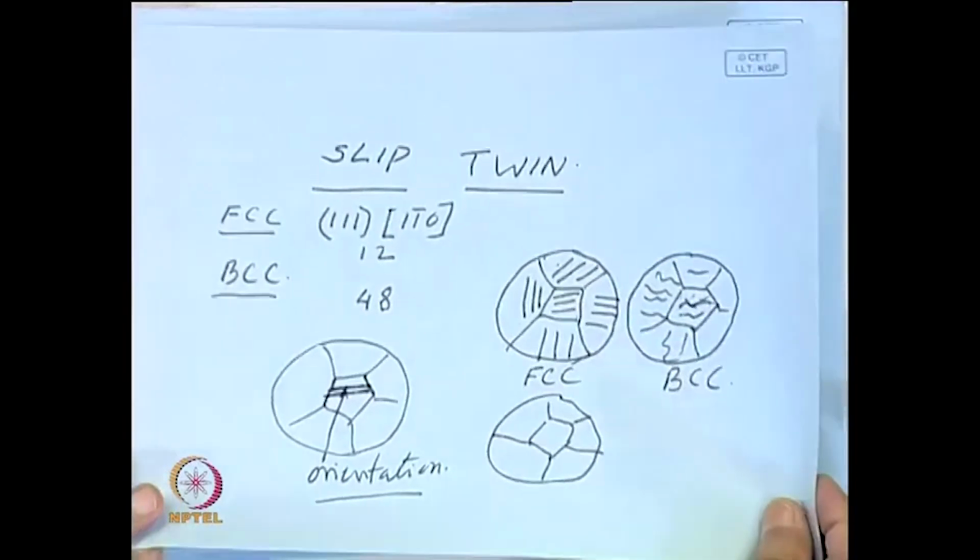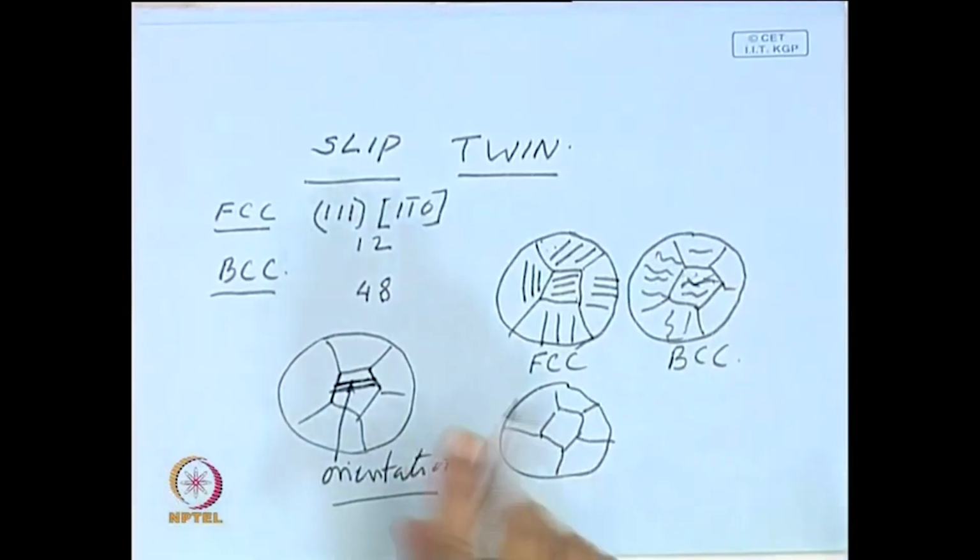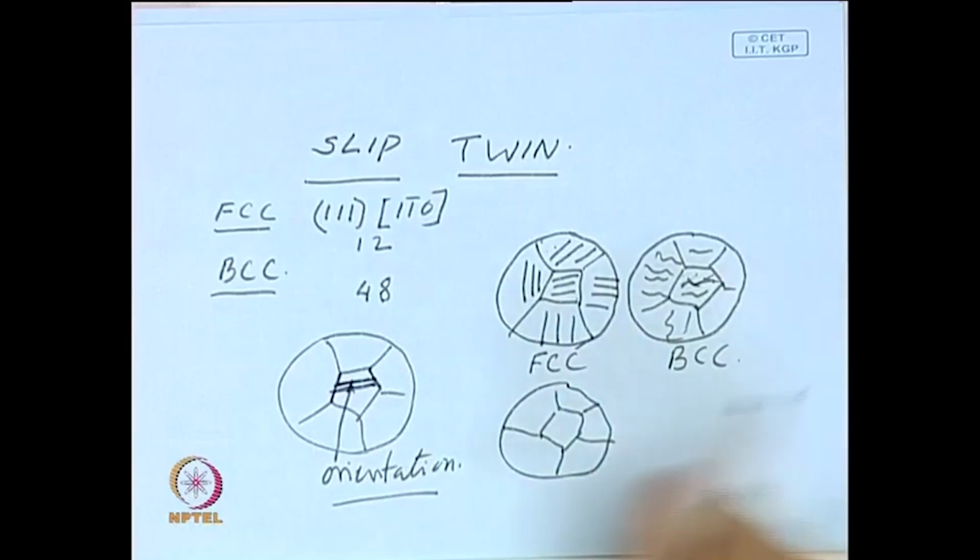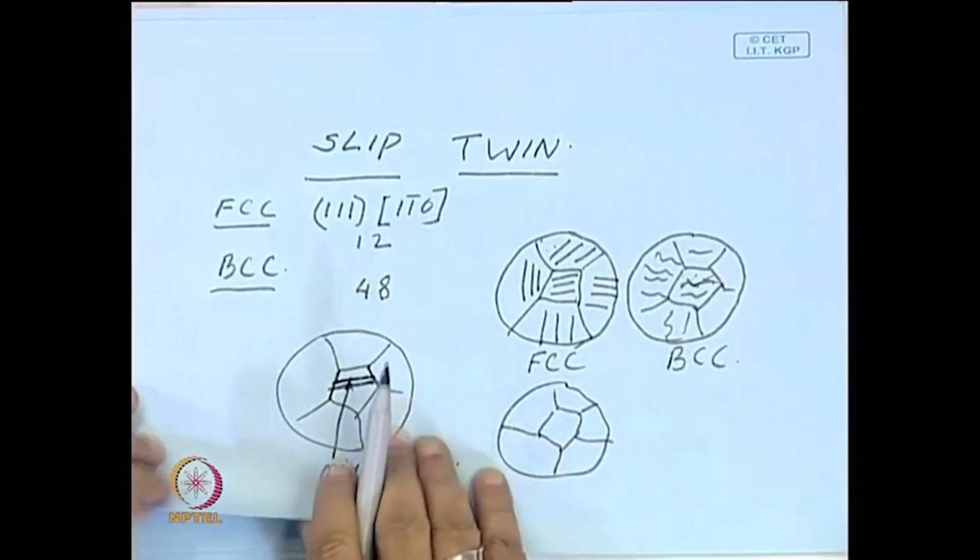And we also looked at the need for having a large number of slip systems to give any arbitrary deformation, because we have seen that you need around 5 independent slip systems to give any arbitrary deformation. So, FCC and BCC, they have plenty of slip systems.